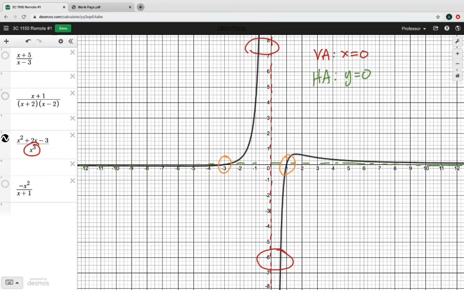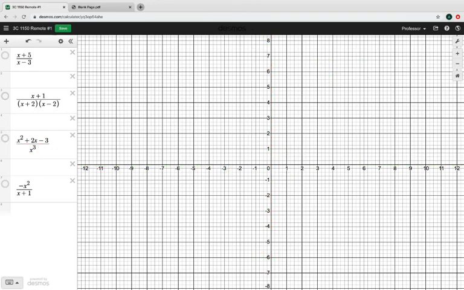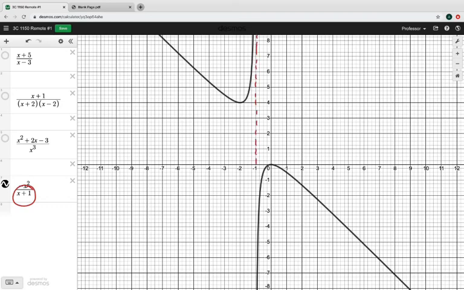Okay, and then this weird graph at the end, let's go look at that one. This one has a vertical asymptote as expected. Again, looking at the formula, that denominator tells us to expect that vertical asymptote at -1, and there it is. But this one does not have a horizontal line.